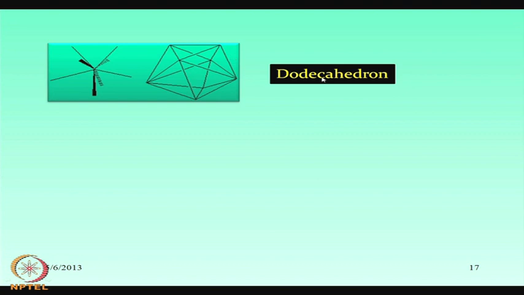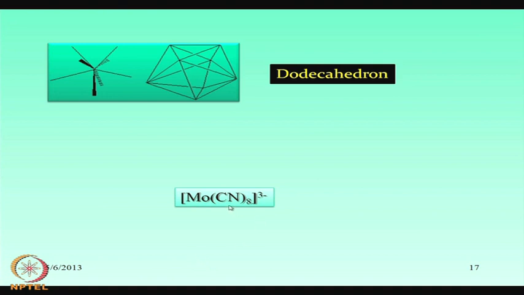The dodecahedron has 12 faces, the number of faces is changing, and unlike our square antiprismatic structure, this has no 4-membered rings, they are all 3-membered rings. So, you have the trigonal planes only, no tetragonal plane is there, that is why the number of planes has increased. So, you have the 12 faces present in the dodecahedral geometry.